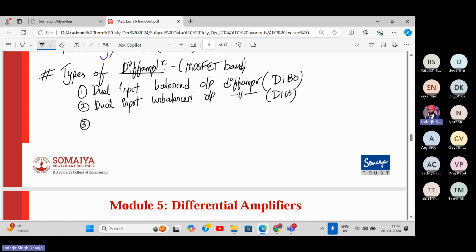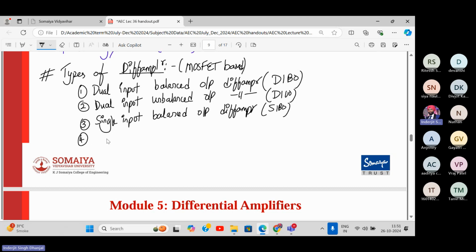Then there will be single input balanced output differential amplifier, which we can call SIBO.